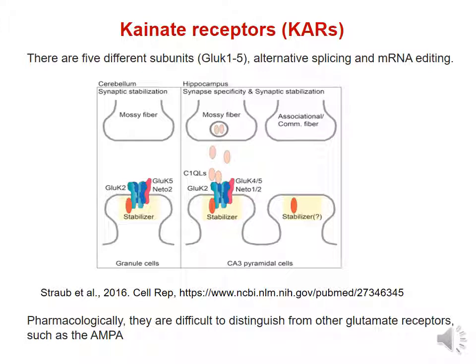So this is a little bit more complicated and still not very well characterized. And then the last thing about kainate receptors is that they're pharmacologically very difficult to distinguish from other glutamate receptors, such as the AMPA. But there are different molecules that have advanced in the last years to try to modify KAR receptors in a more specific way.